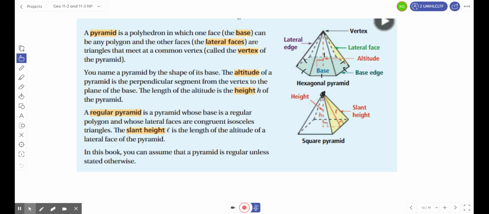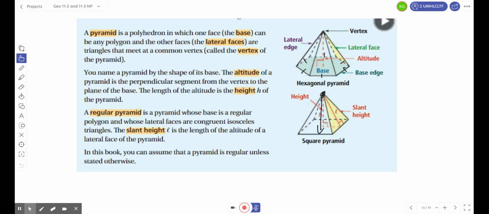You name a pyramid by the shape of its base. So, hexagonal pyramid, square pyramid. The altitude of a pyramid is a perpendicular segment from the vertex to the base. That's how tall it is. And that's useful for finding the volume, but we're going to be more focused on the slant height, which I just mentioned for obliques.